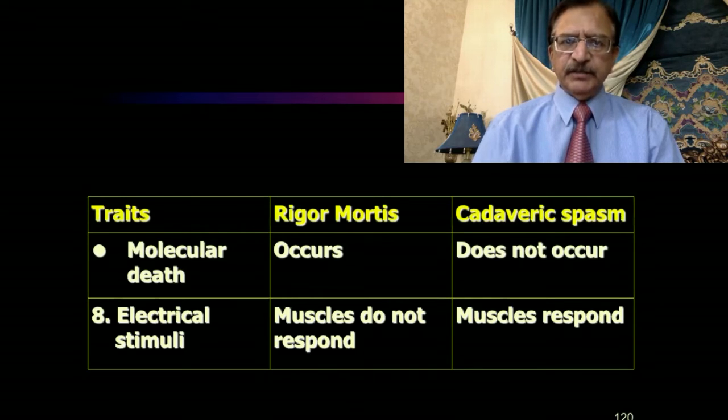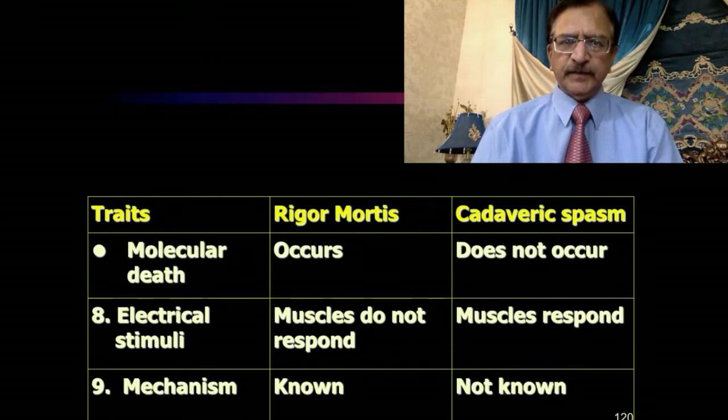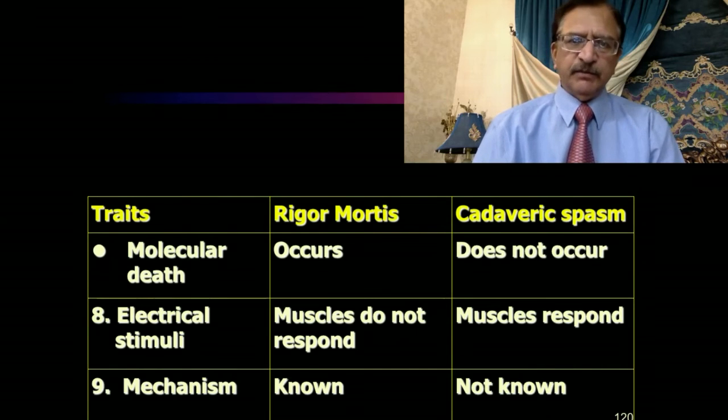The muscles do not respond to electrical stimuli in rigor mortis, whereas in cadaveric spasm, the muscle responds to electrical stimuli. The mechanism in rigor mortis is known because there is a chemical basis for it, but in cadaveric spasm, it is not known.